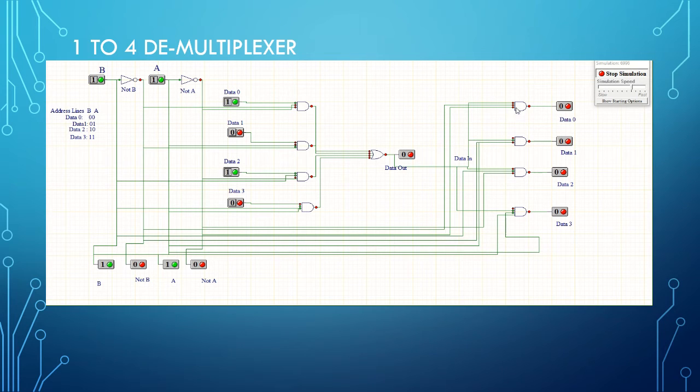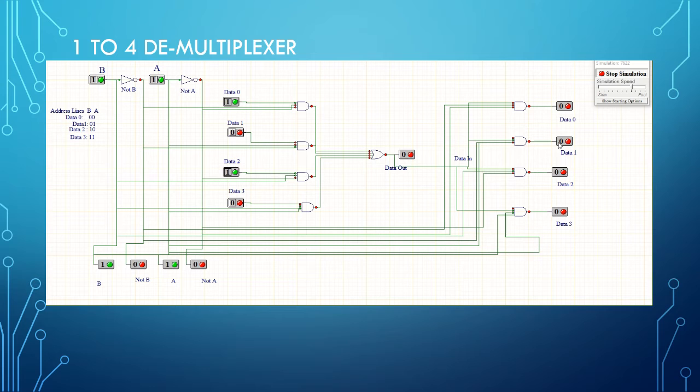So here we have the 1-to-4 demultiplexer made of 4 AND gates, and the AND gates are all addressed from the same address lines as we had for the multiplexer, B and A. And the data is in now. There's one data line in, and the demultiplexer will separate them out into 4 separate data outputs.